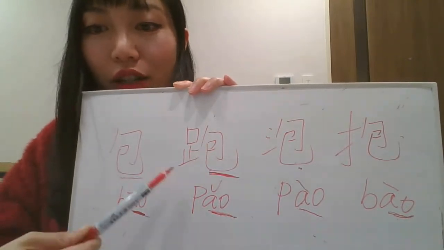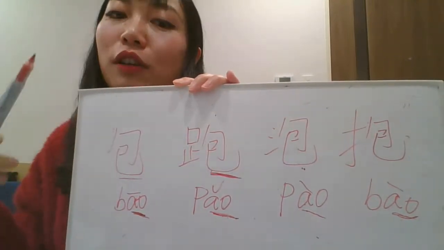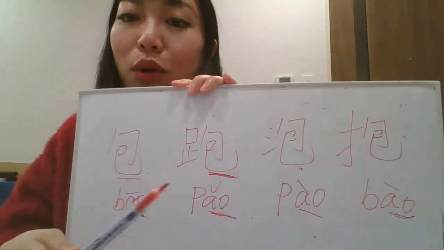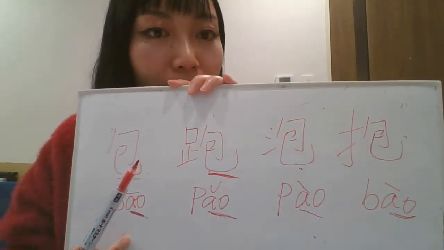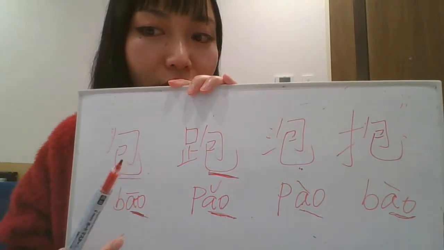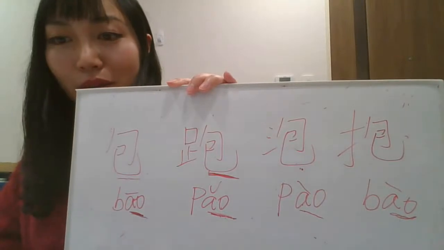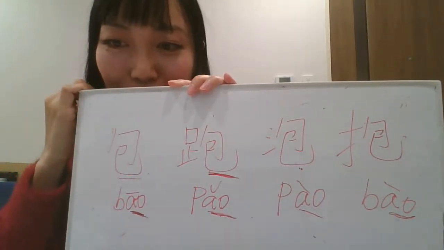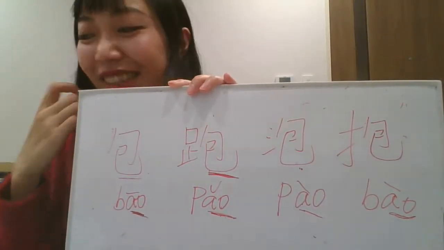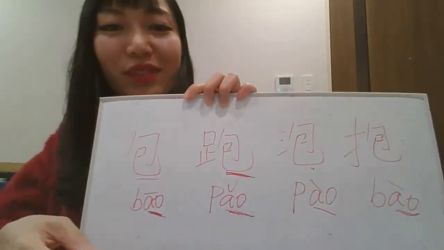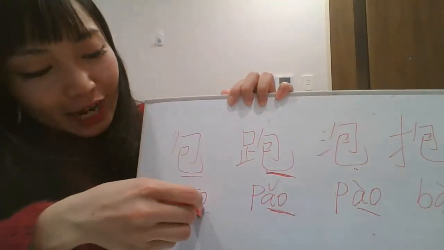I'd like to know if you know the characters on my whiteboard. Who is going to tell me, bao, what does it mean? Wow, very cool. Bao, pao, pao, bao. So what does the first character mean?